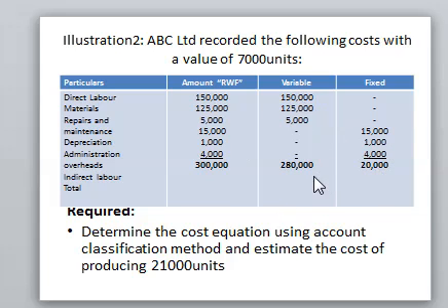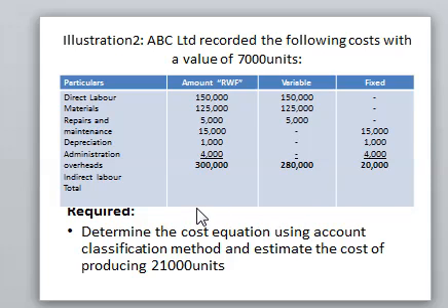So this is the total variable, total fixed cost. So you can input the units in your function and be able to determine the total cost. So these are 700 units.